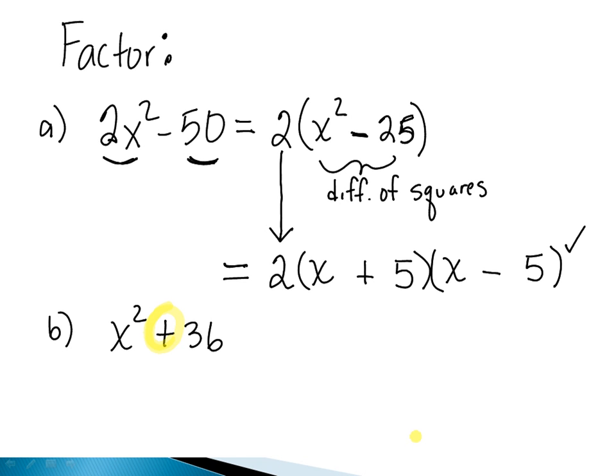Since there is a plus sign in the middle, it is a sum of squares, and we've learned that a sum of squares is not factorable. So if you see this in your homework or on the test, you can just put NF for not factorable, or write it out as not factorable.